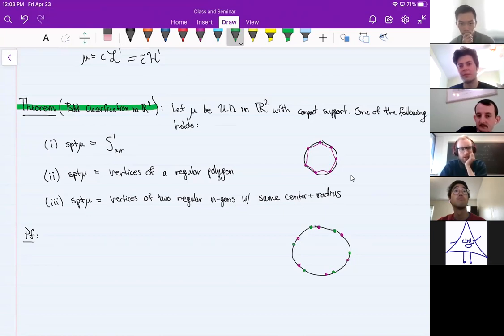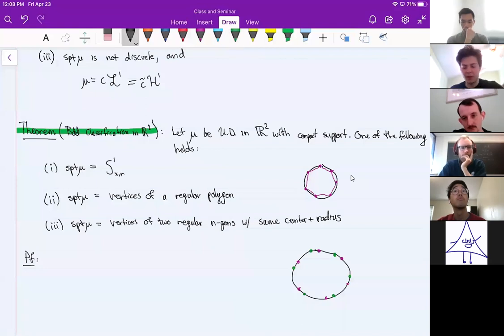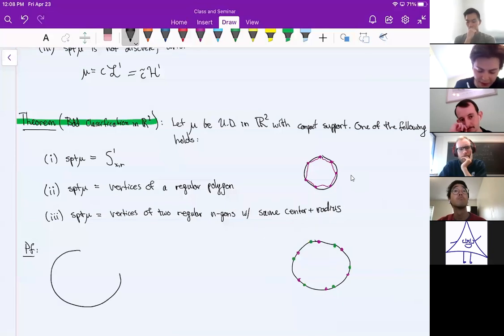I think I missed a little bit of what you said. So this circle, can it be like the real line, or does the one-dimensional case also fit in R2? Well, what I meant to say is that a sketch of the proof would be: I have the circle, I know the support.